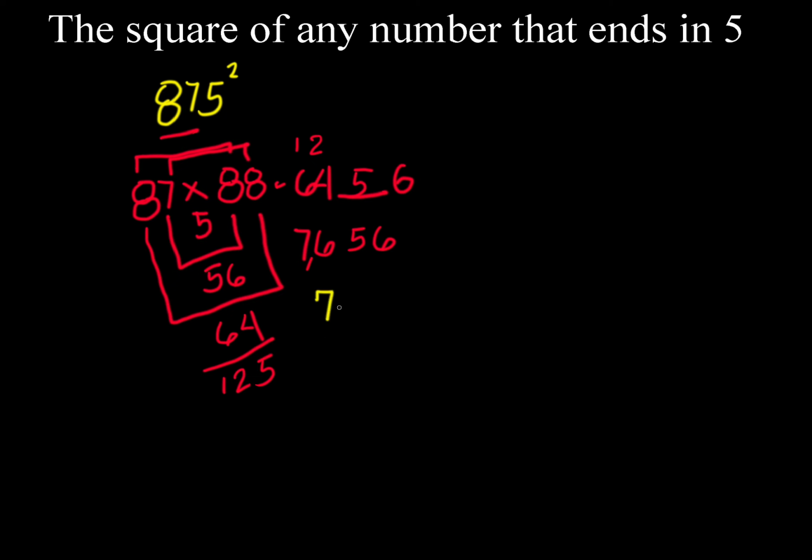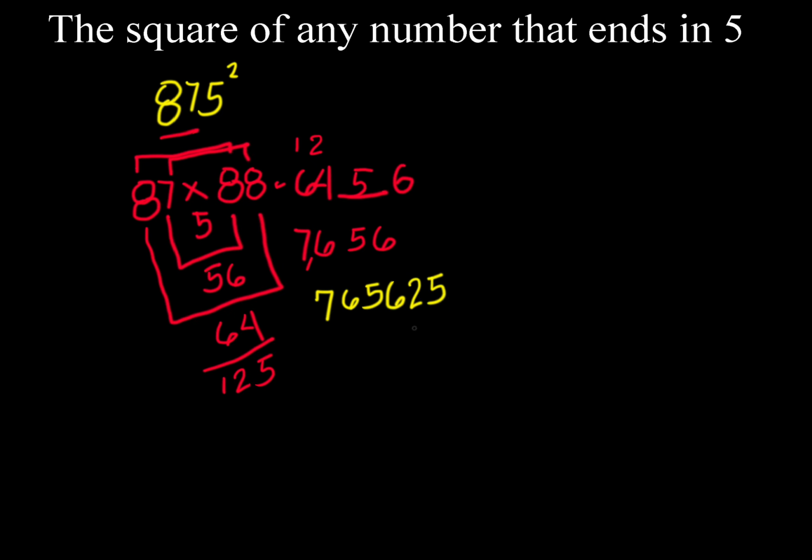So therefore, we now have 7, 6, 5, 6. And then we just write down that 25.